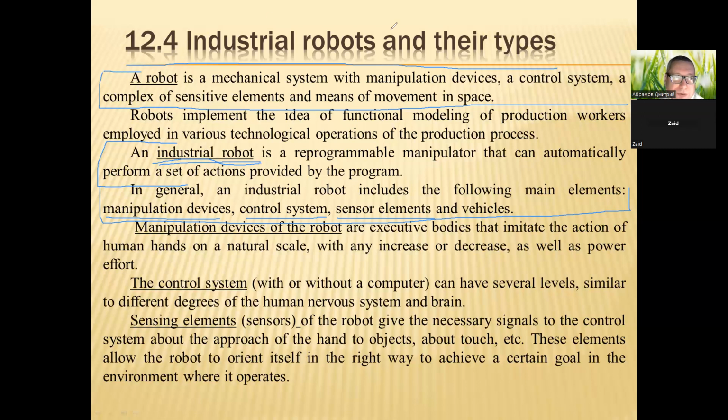Please write down to your notes the sentences about robot, industrial robots, and main elements of industrial robots.